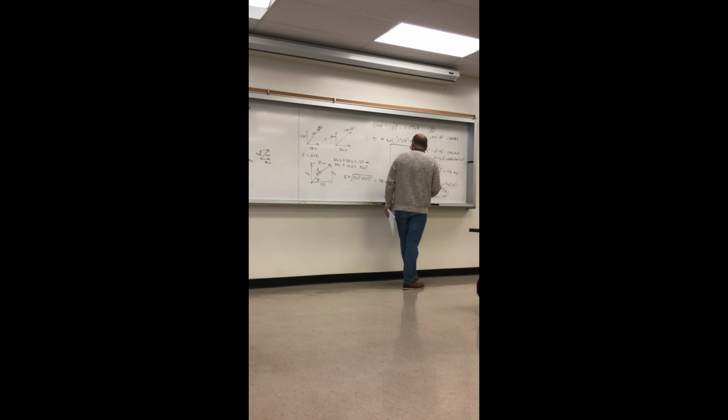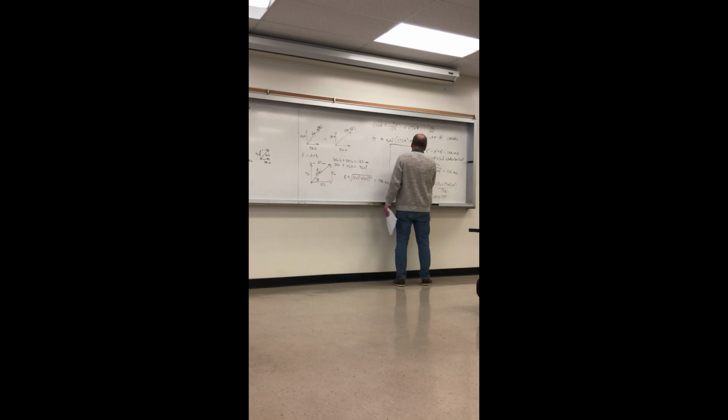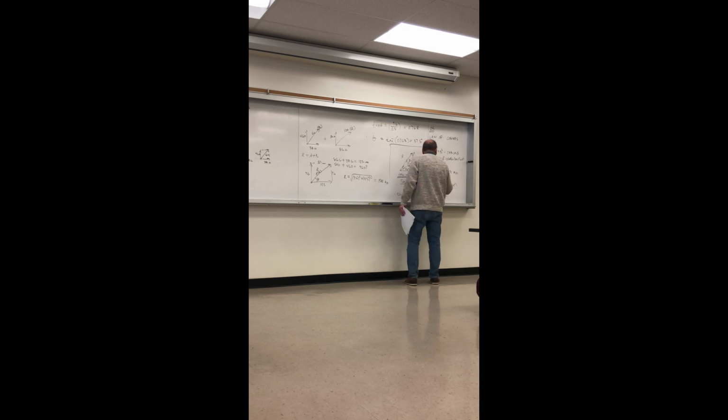And this alpha, this angle, is 30 plus alpha. So 30 plus 7.5, that's where we get 37.5. This makes sense.